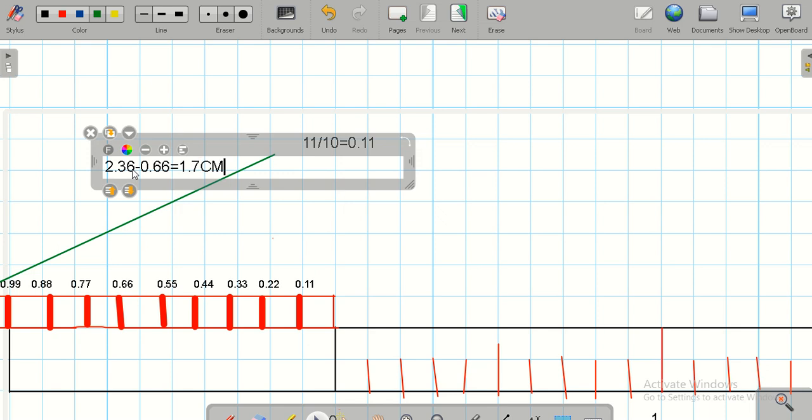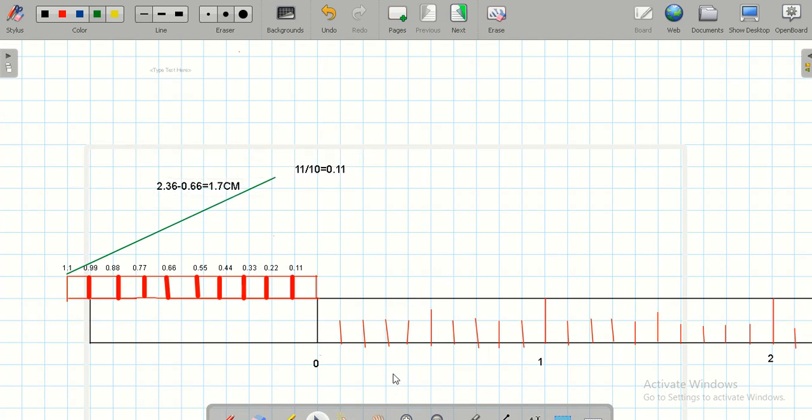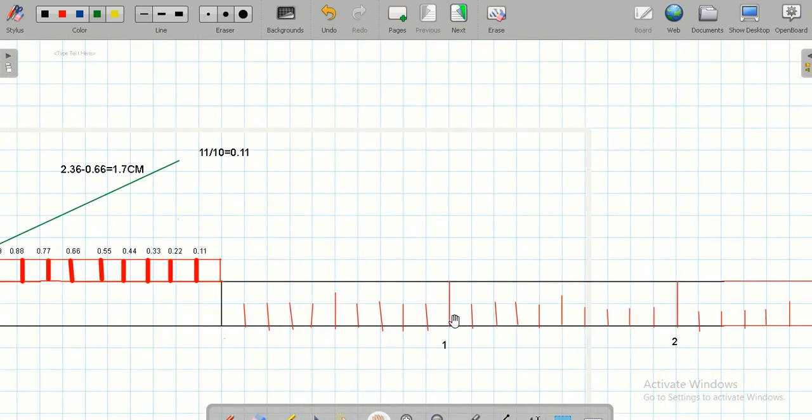Can you measure 1.7 centimeter with the normal scale you have with you? Why not? We can measure. See, 1.7 centimeter. This is 1 centimeter and this is 1.5, 1.6, 1.7. So I am marking. This is your 0.